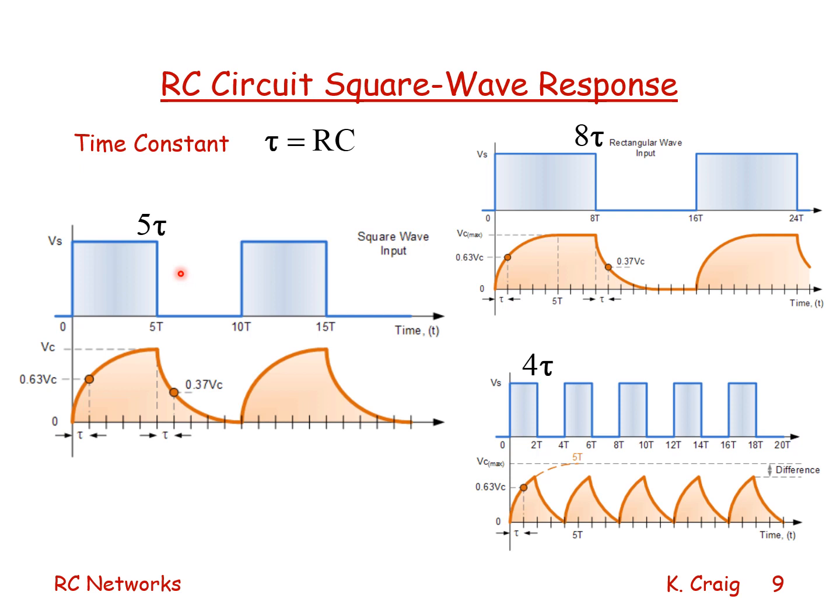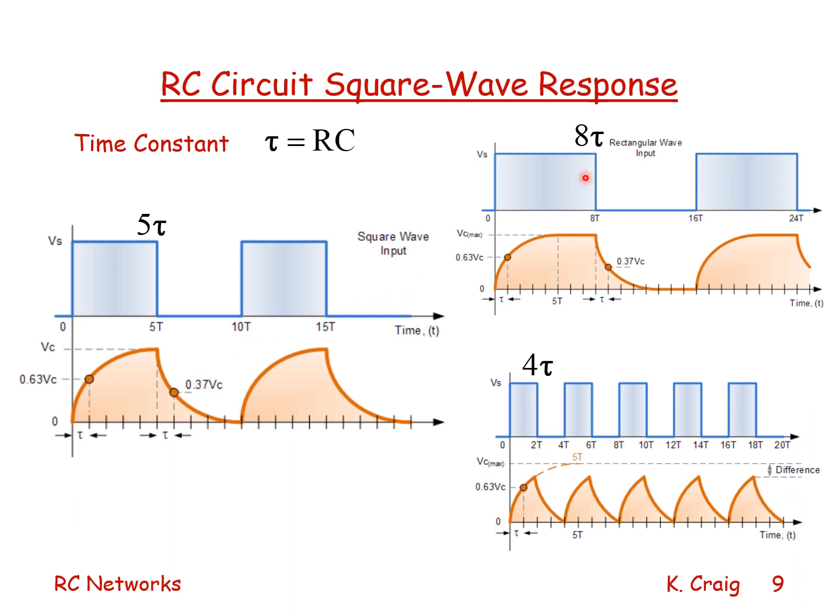So as long as I give the capacitor time to fully charge and then discharge by making the period of the square wave no less than 10 tau, I will get full response.